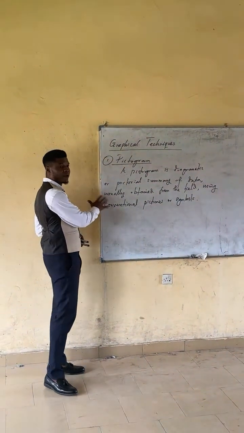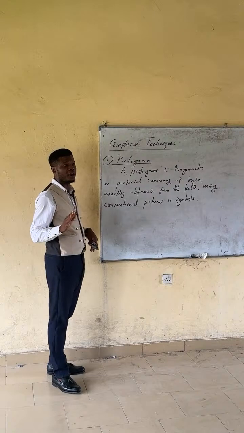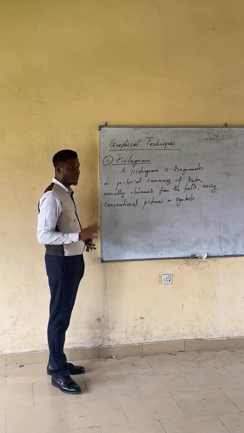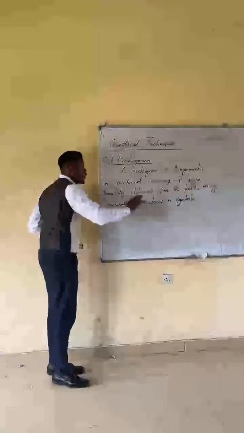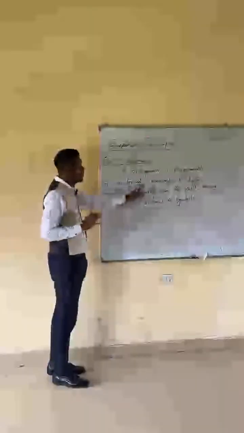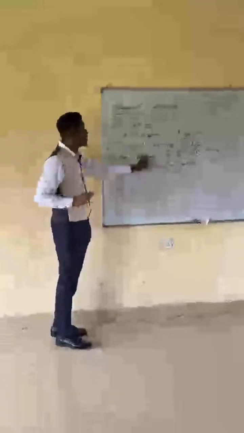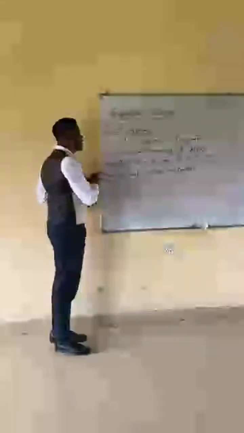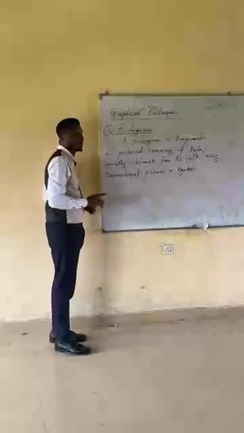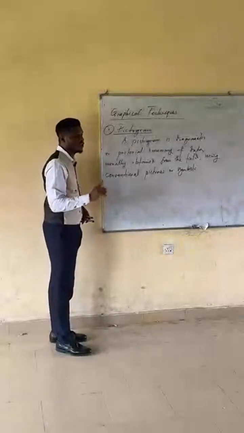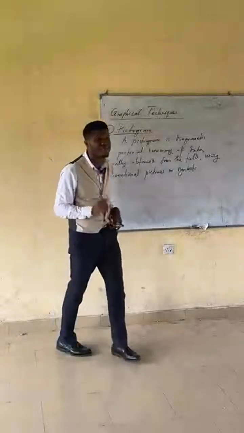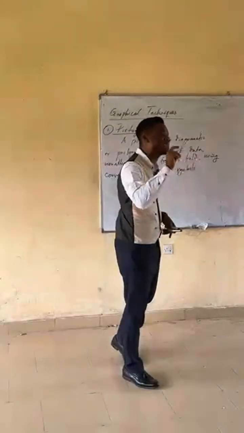So, the first paragraph tells us what a pictogram is. It is the use of diagrams or pictures to summarize data that you obtain from the field. And these pictures or symbols or diagrams used are conventional. Please take note, the word conventional in this sense means an agreed set of symbols.